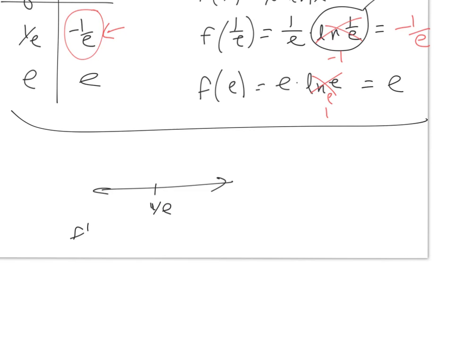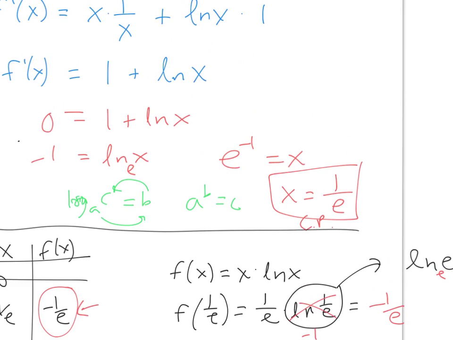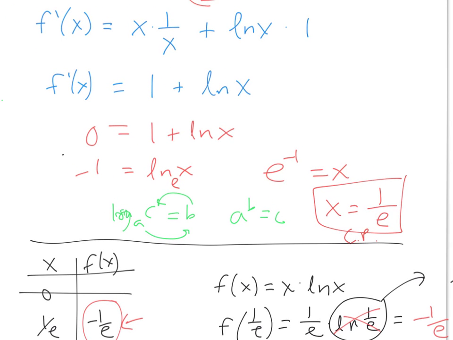If you wanted to just figure out what the function was doing, I could have said, okay, my derivative is 0 at this point, and then let's plug in something bigger and something smaller. And this time I'm plugging into my derivative, which is 1 plus natural log of x.